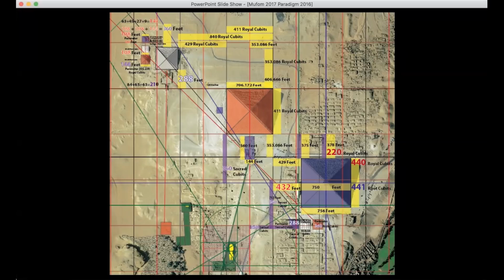And if you just look around, you can see that, oh my God, there's 429 royal cubits there, 429 feet there, and how these sacred cubits are made up by using the two different measurements between the corner of the Great Pyramid as opposed to the center point of the Great Pyramid.